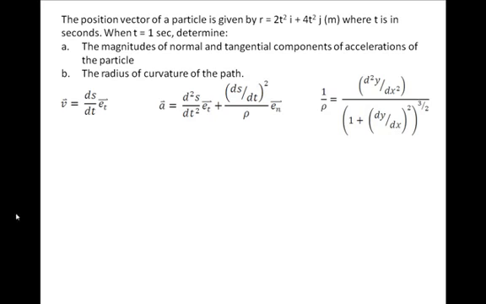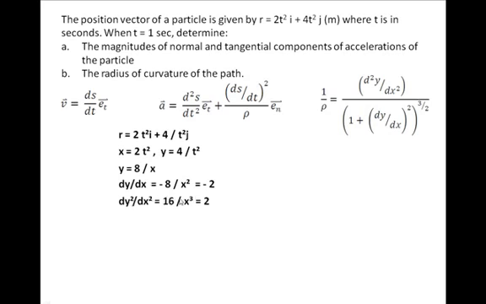So first we start with the given r. We realize from here that x is 2t square, y is 4 by t square. Eliminating t, we can get the equation for the curve, and using this we can get dy by dx and d square y by dx square. Now mind you, we need to work out this rho. We are going to work out rho first at t equal to 1.